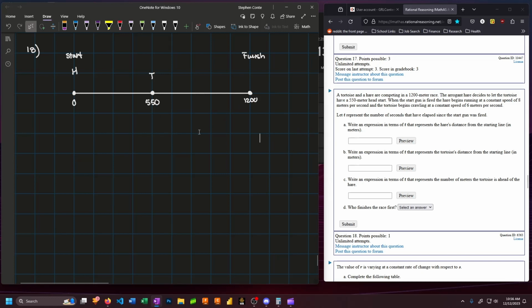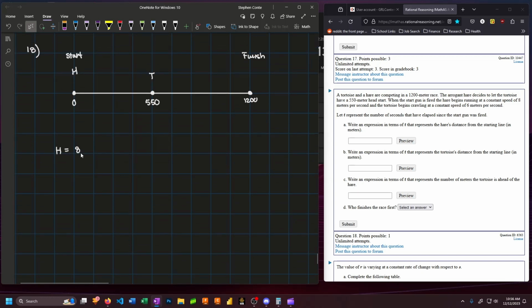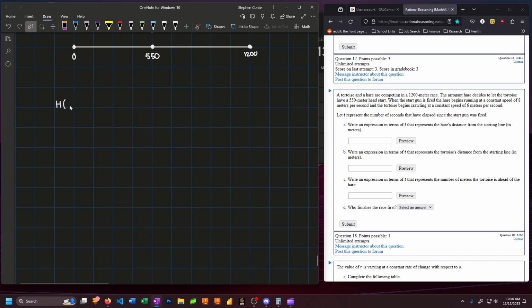When the start gun's fired, the hare begins running at a constant rate of 8 meters per second. So the hare's distance traveled can be modeled by a function h of t, where h gives the distance traveled by the hare t seconds after the start of the race.